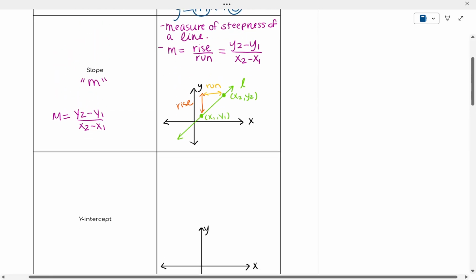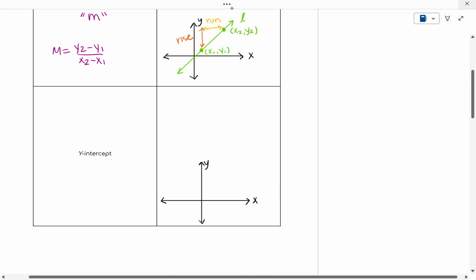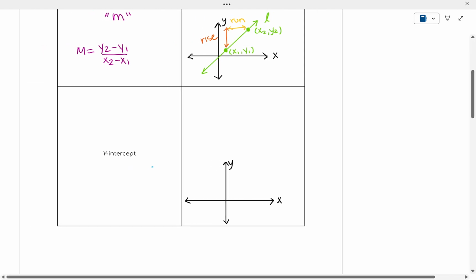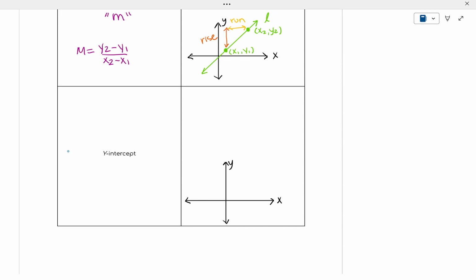Moving on to the y-intercept, this is usually known as b in the slope-intercept form. And this is the point where the line intersects the y-axis.